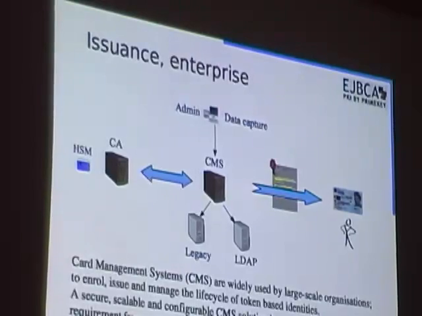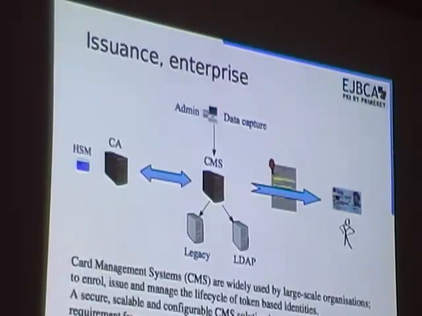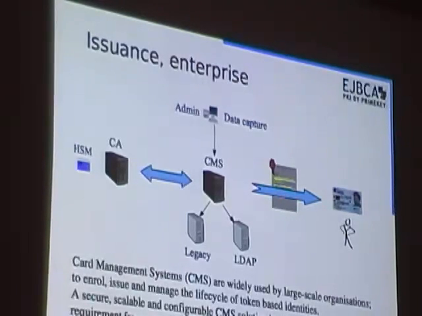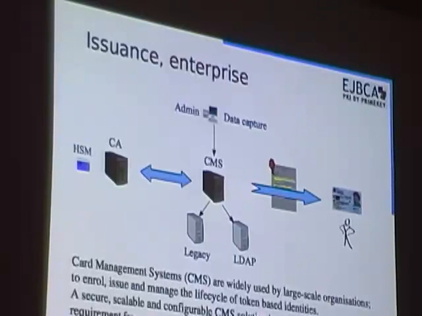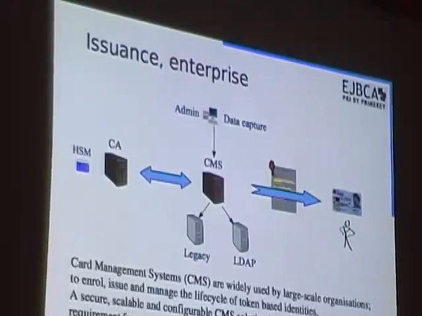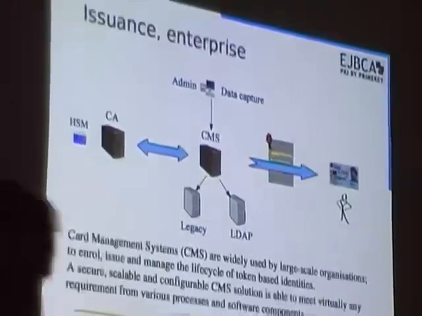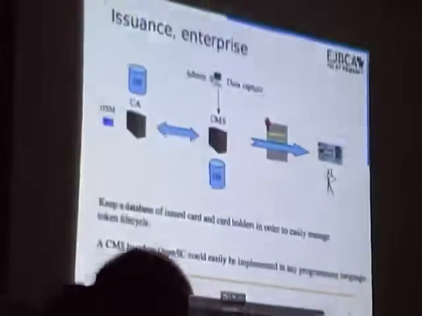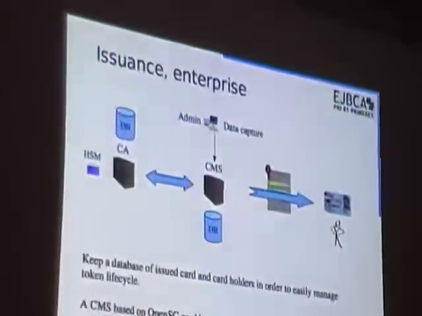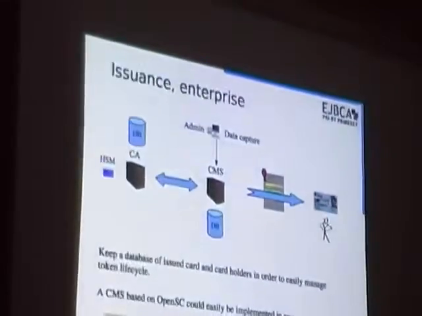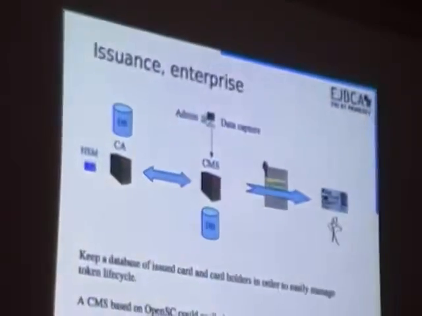The CMS can integrate with LDAP and legacy systems, so when you provision a user with their smart card, it's also distributed in the organization to all the systems who are the relying third parties and actually want to receive this ID in the end. If you have a system like this, you usually have several databases.